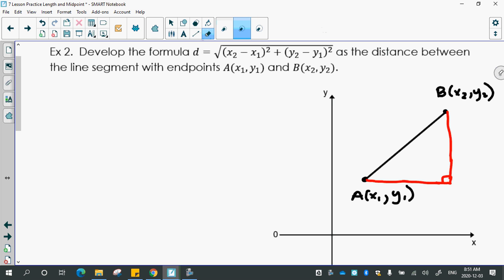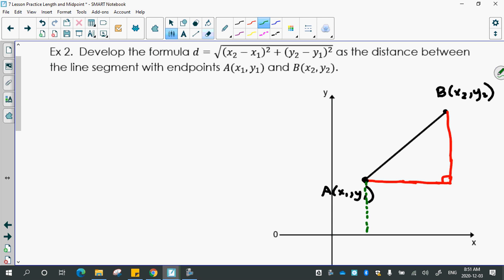I'm just going to make this so it's easier to see my diagram. Let's make this one. Okay, so here's my x-axis.